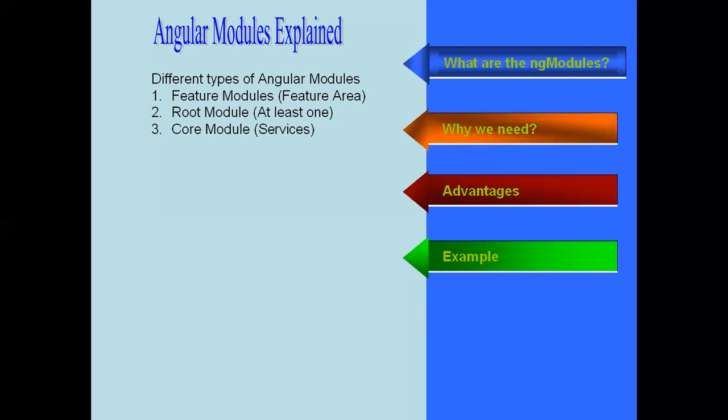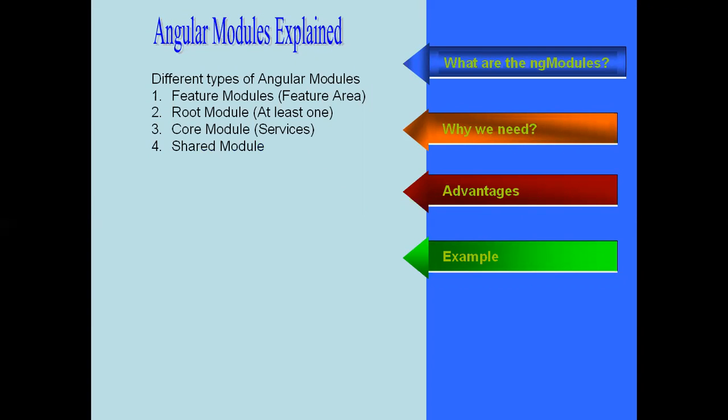That's why the service objects are put under the core module. There can be other things we put under the core module, but the most recommended practice is that all services should be part of the core module, and the core module contains only these things. We can add other ones also, but this is the standard way.